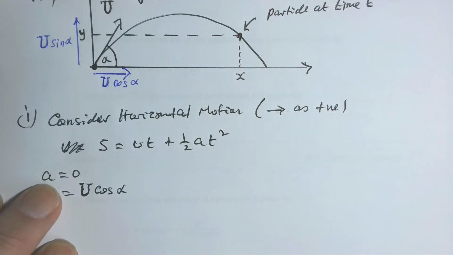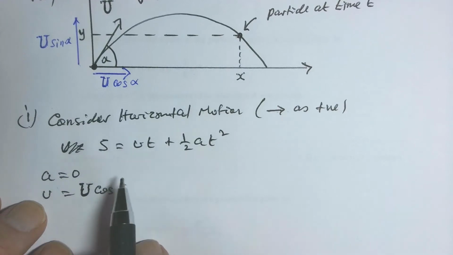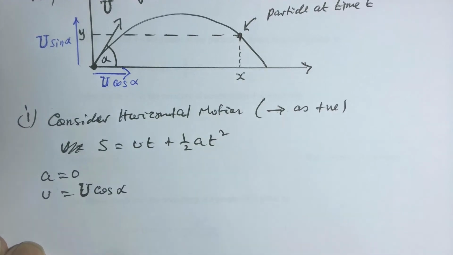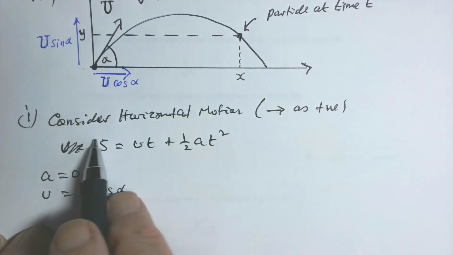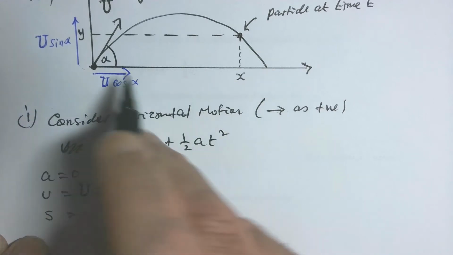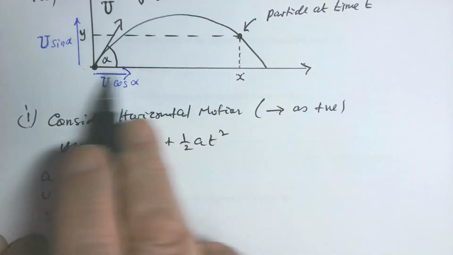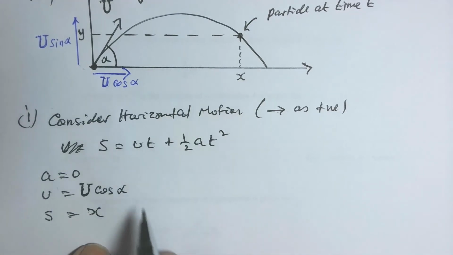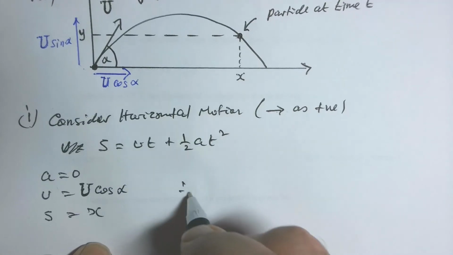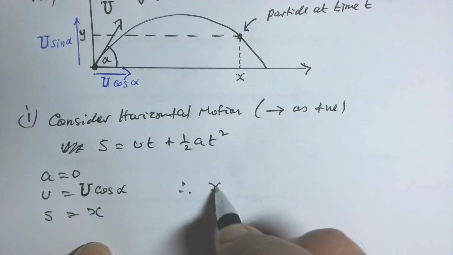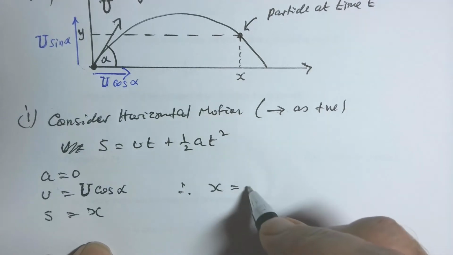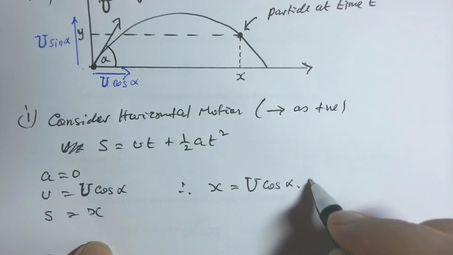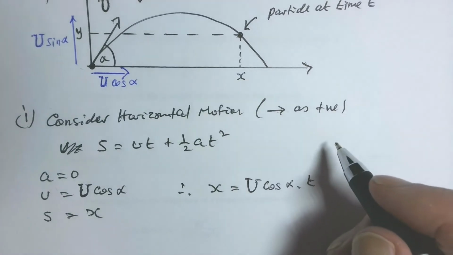So initial velocity is U cos alpha, and our acceleration is 0. The s is the value of our x, the distance displaced from the origin. So when we substitute these into the equation, x is going to be U cos alpha times t.